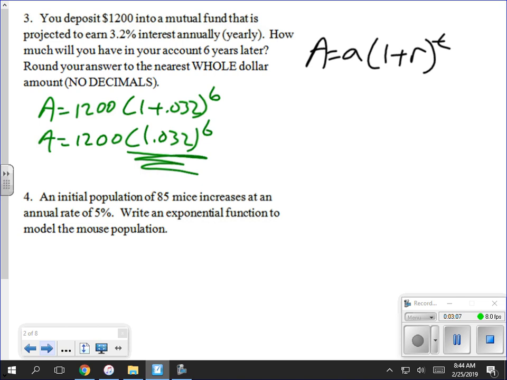That is the most common error on this one because it's relatively simple: students not doing the proper order. And you round it off and you get 1450, rounding it off to the nearest dollar.